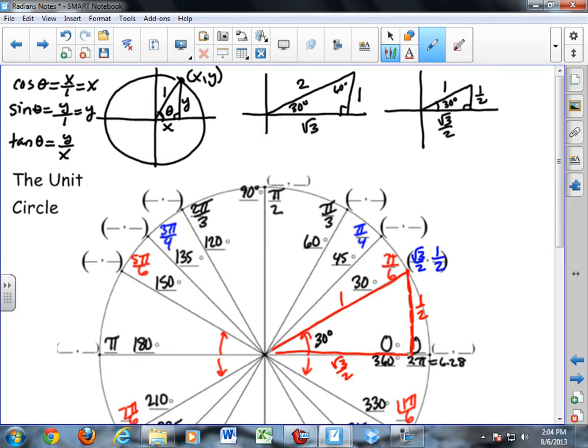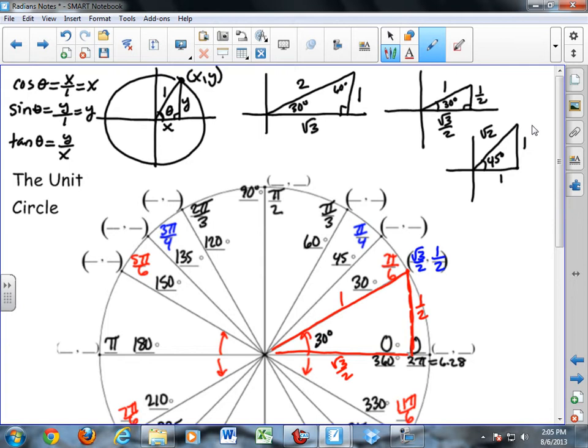I can do the same thing with a 45, 45, 90 triangle with my pi over 4 angle. And I'm not going to draw that on the unit circle, but if I were to make a 45, 45, 90 triangle, I know that this is square root of 2, 1, and 1 for a 45-degree angle. So sine and cosine are both 1 over square root of 2, or square root of 2 over 2 if I rationalize the denominator.